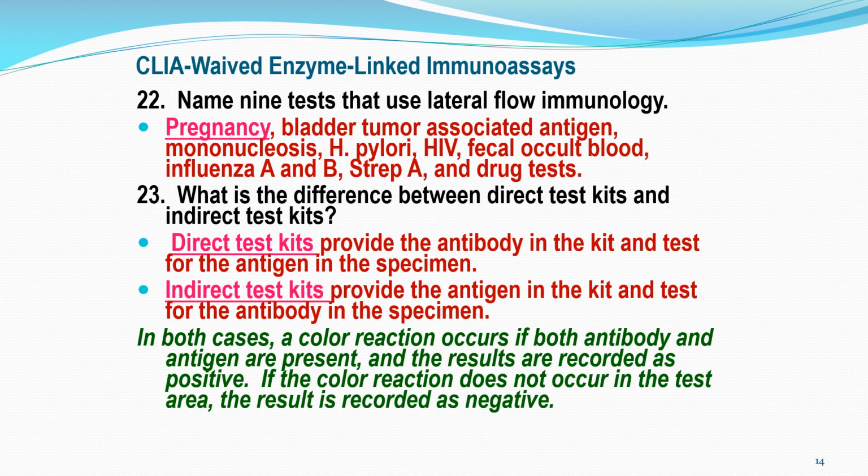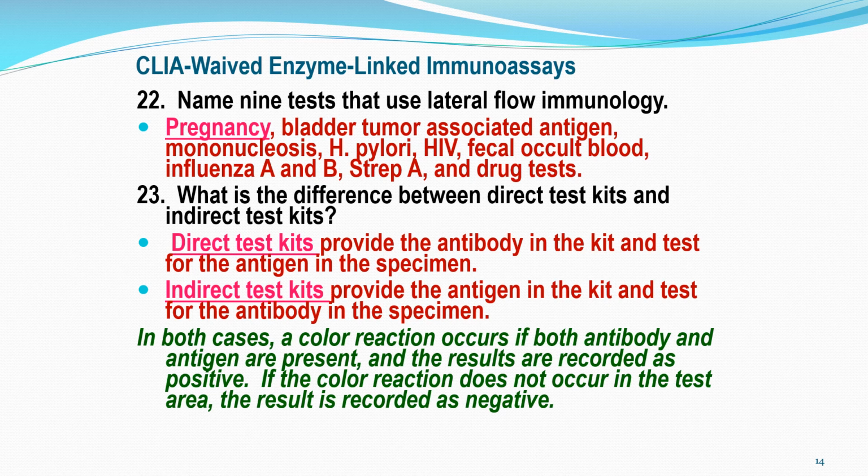So what is the difference between direct test kits and indirect test kits? Okay, so direct test kits provide the antibody in the kit and test for the antigen in the specimen. Indirect test kits provide the antigen in the kit and test for the antibody in the specimen.